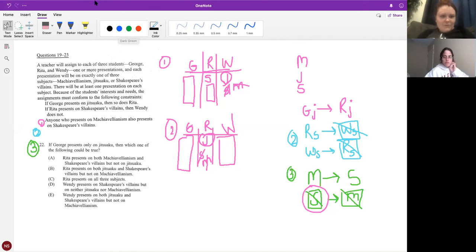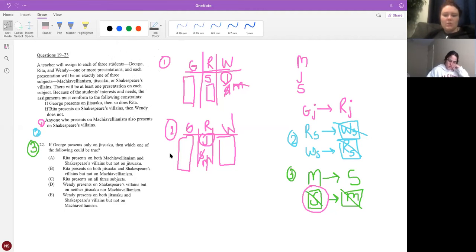All right, so for 22, it says, if G presents only on J, which of the following could be true? This could happen in either world, right? So G is J and then it's done.